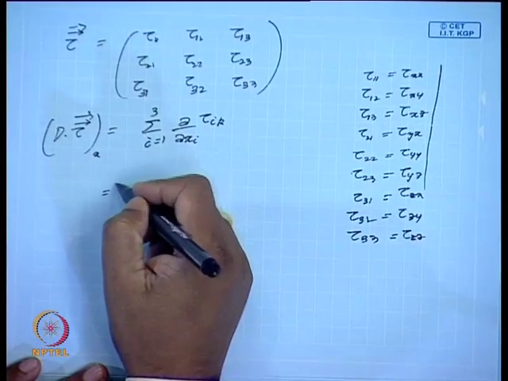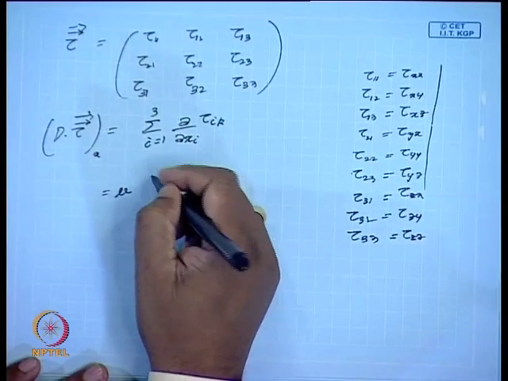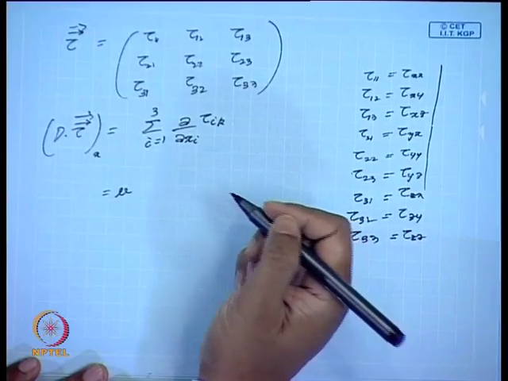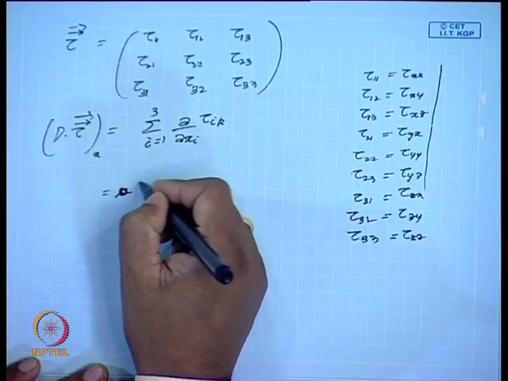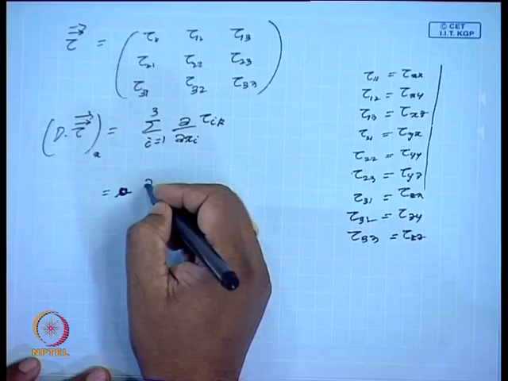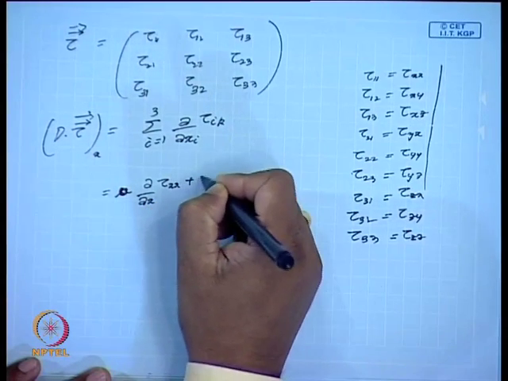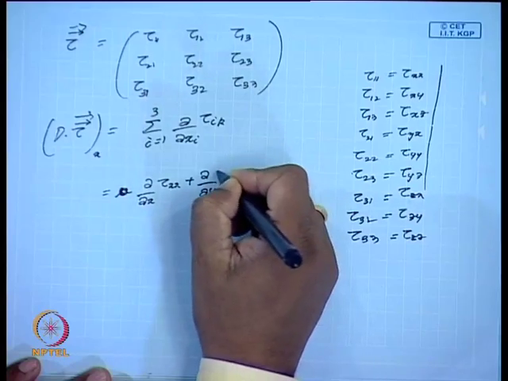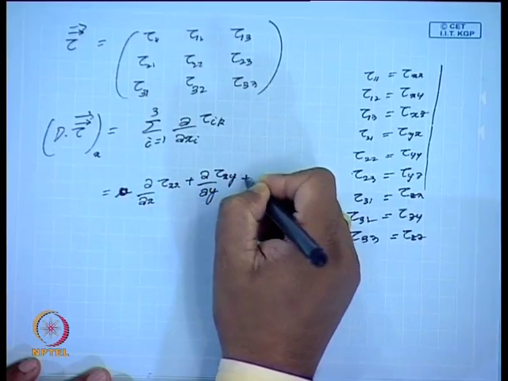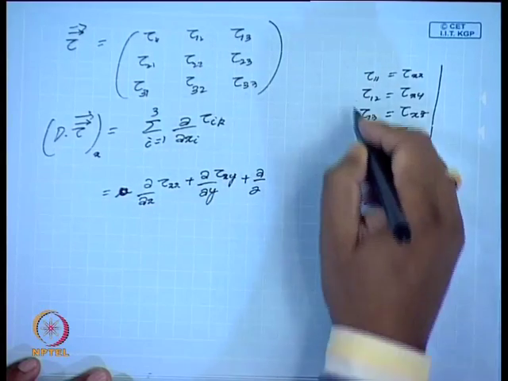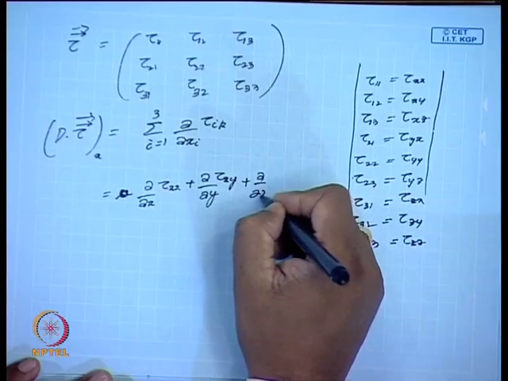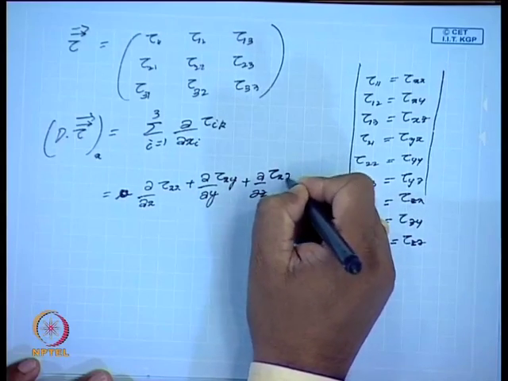This will give us mu times del by del x tau x x plus del by del y tau x y plus del by del z tau x z.